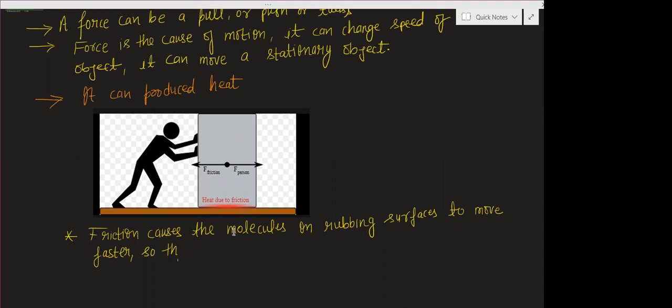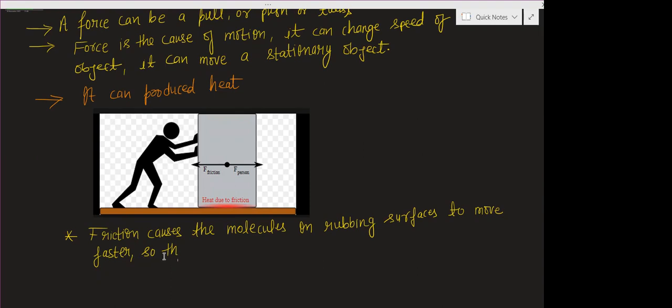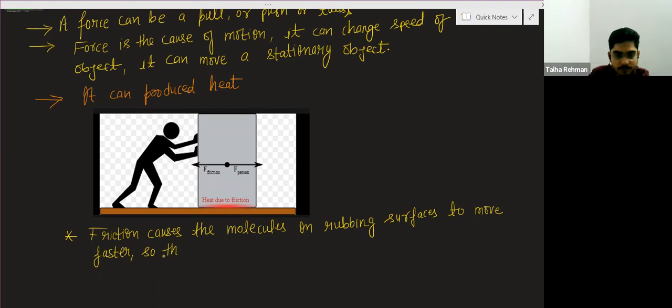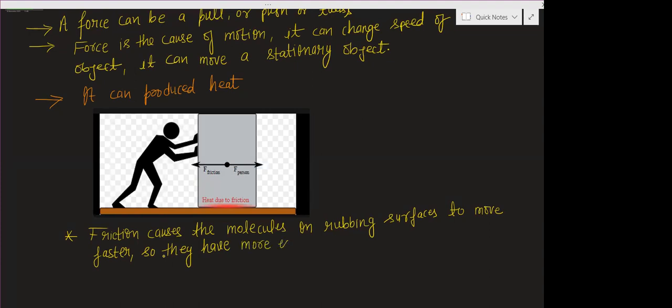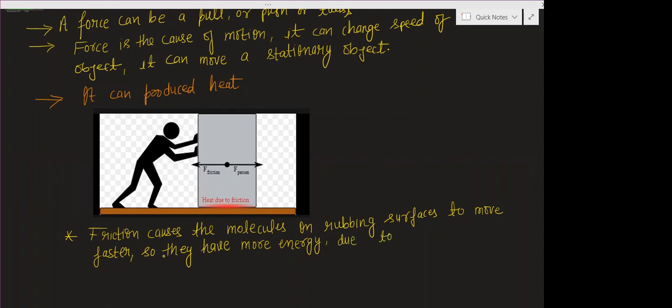So here the molecules are moving fast, so we can say they have more energy. If they have more energy, due to the energy, the temperature of the molecules will increase.